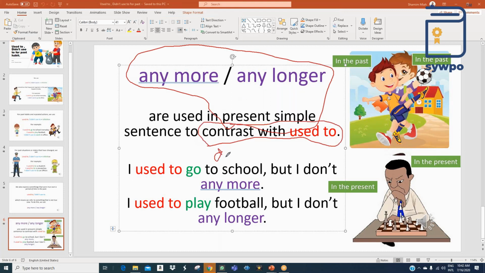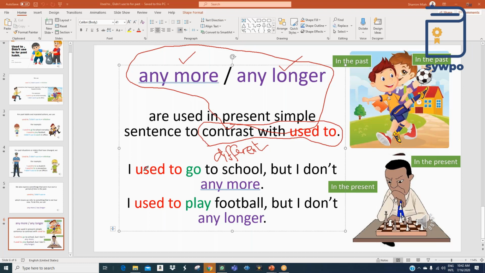Contrast means different. This is not the same, right? This is different. So we are trying to show how my past is different from present. When you want to show your past is different from present, you use any more and any longer. Any of them, the present simple tense after the past simple sentence.